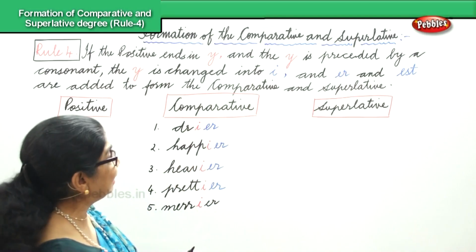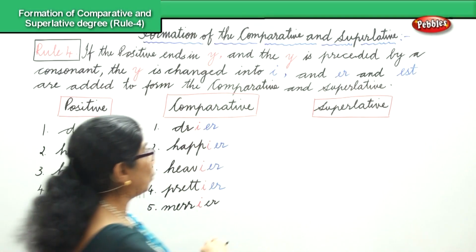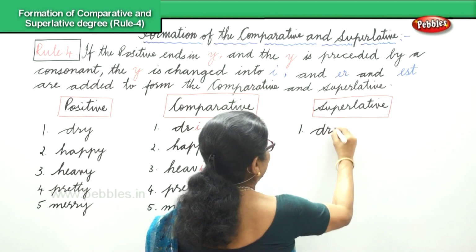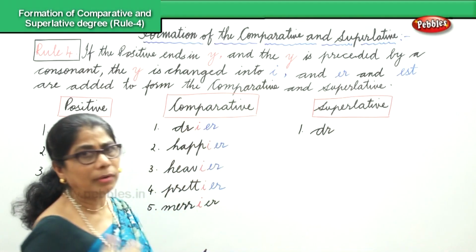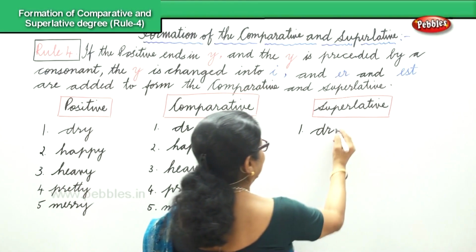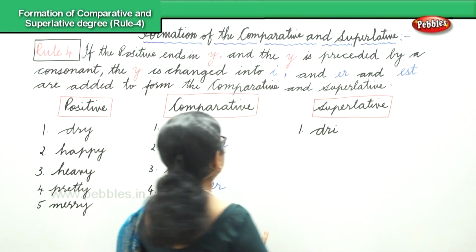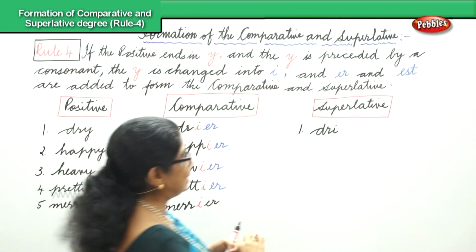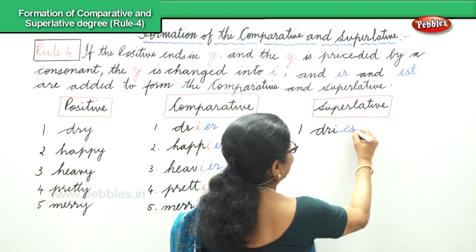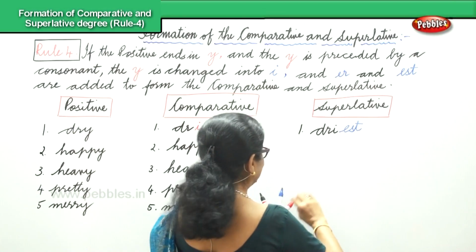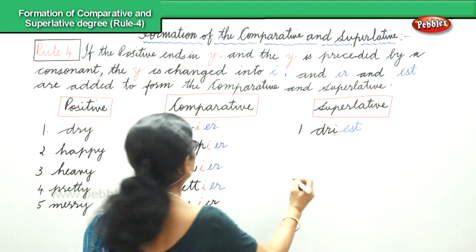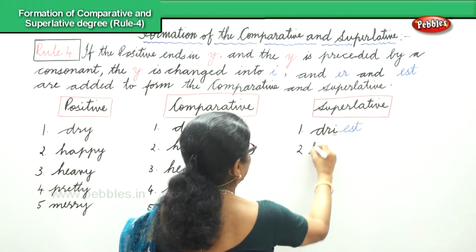Next, we go into the last one. Here, EST is added. So, the first one is dry, and here you have already added I. You already added I, and then you add EST. Here, what are we adding? We are adding EST. And the second one, so I is already added here. The next one, happy.